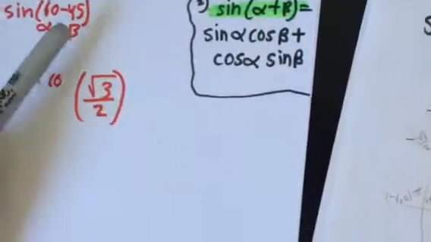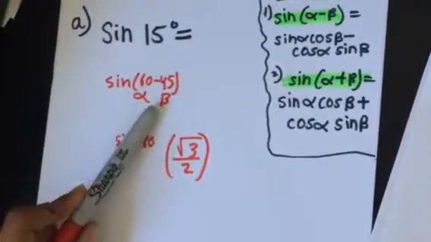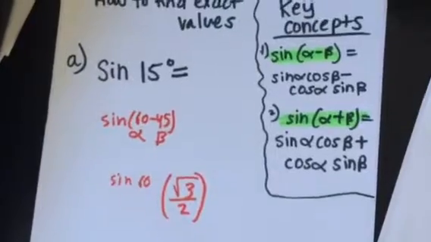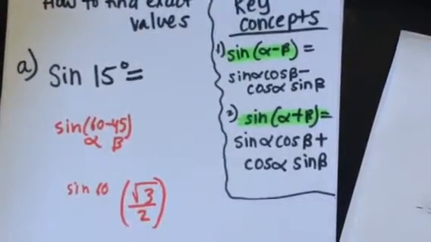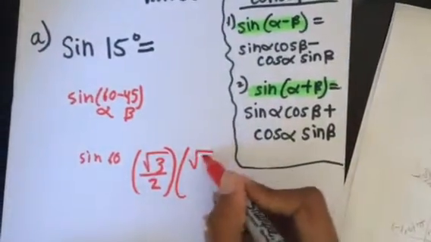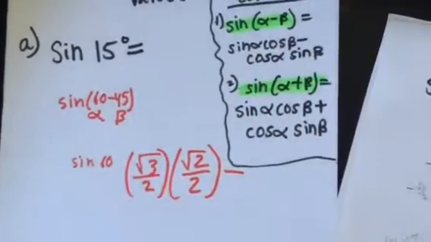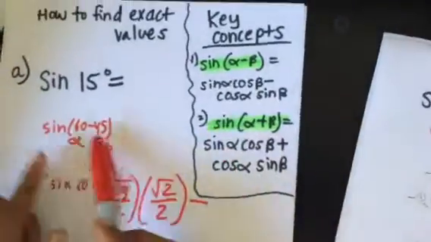And now we're going to find the cosine of 45 degrees. If you find the cosine of that, that would be radical 2 over 2. Now we're going to subtract that by, we're basically going to do the same thing, but flipped over.